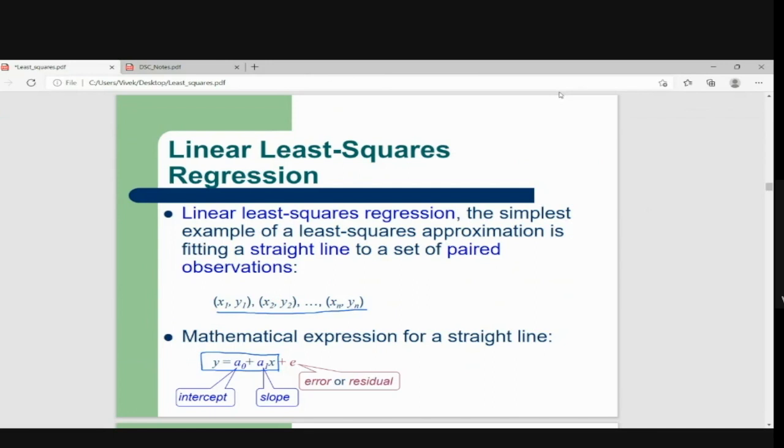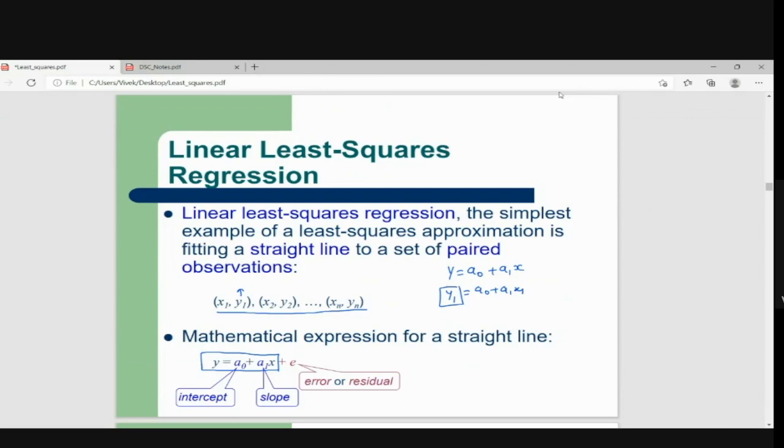I have a line y = a0 + a1x. Now if I substitute x1 into a0 + a1x1, I will get a y1, and this y1 is different from the given y1.